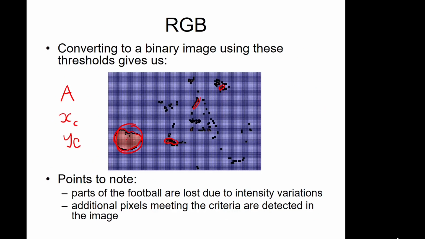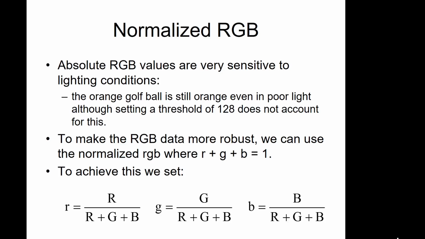So what we can do is, rather than use our RGB values, we can use normalized RGB. Essentially it's the fraction of that component compared to the total intensity of that pixel. So it's a fairly simple calculation.